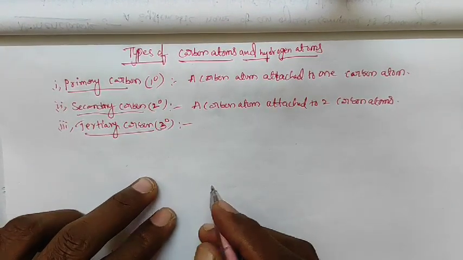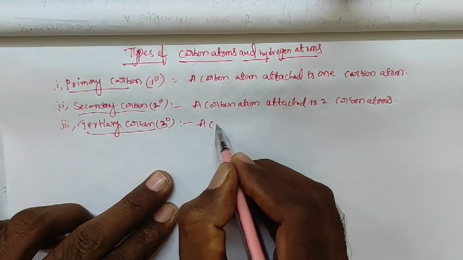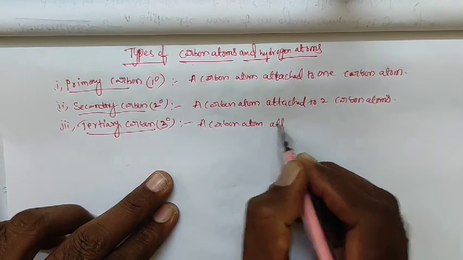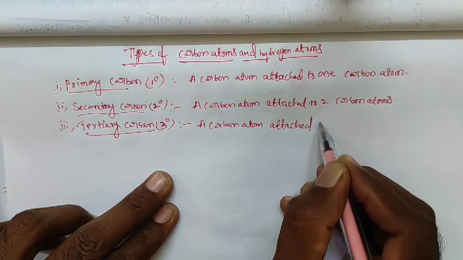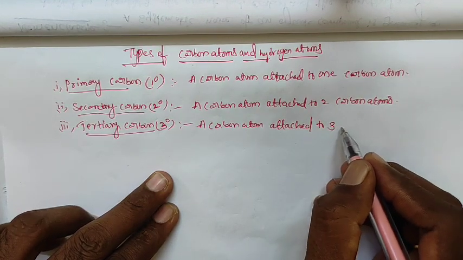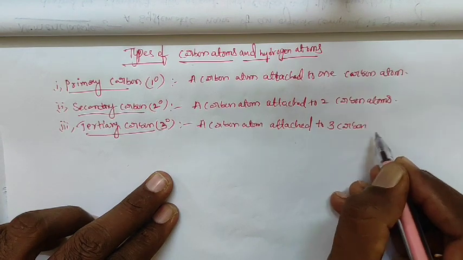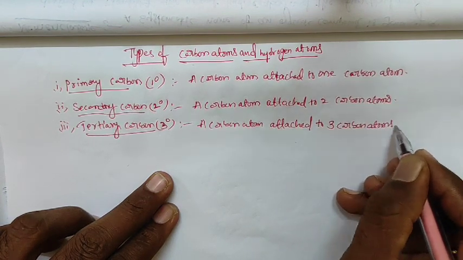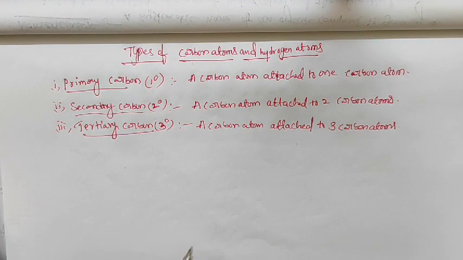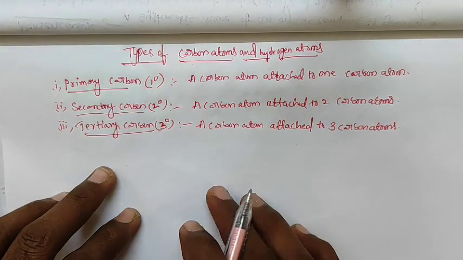Tertiary carbon atom means a carbon atom attached to 3 carbon atoms. One carbon atom attached to 3 carbon atoms is known as tertiary carbon.